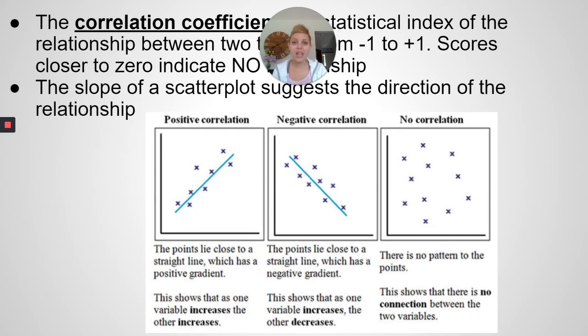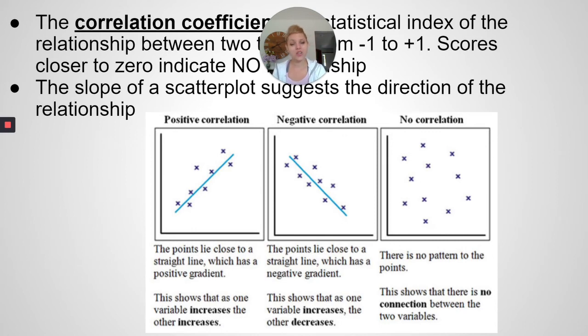However, if we are able to calculate a correlation coefficient that is closer to a positive 1, I am seeing a positive correlation. In a positive correlation, as one of my variables is increasing in frequency, my other variable is also increasing in frequency.